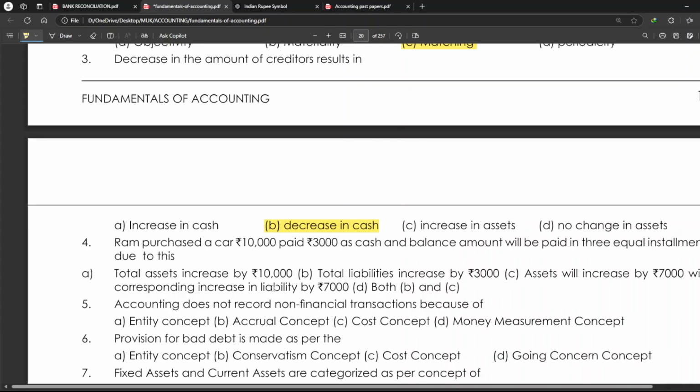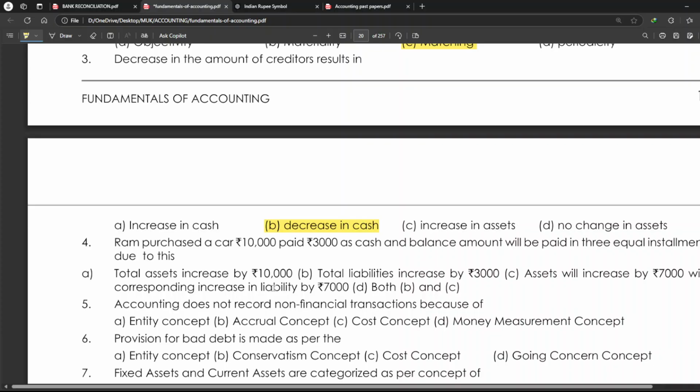A, total assets increase by 10,000, that one is also true, we have bought a car for 10,000, but we have paid 3,000. B, total liabilities increase by 3,000, that one is false. C, assets will increase by 7,000 with a corresponding liability of 7,000.